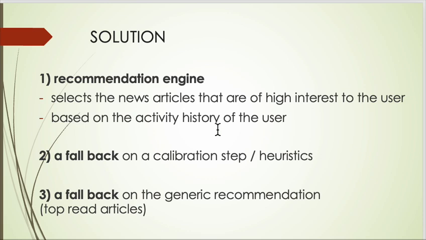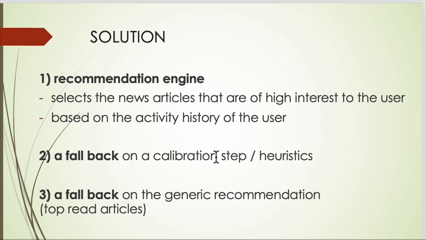So the solution that we are talking about in this project is having a recommendation engine that selects the news articles that are of high interest to the user based on the past activity of this user. If for whatever reason this recommendation model fails, we can always have a fallback on a calibration step or heuristics, for example, if you don't have enough information yet on a reader.